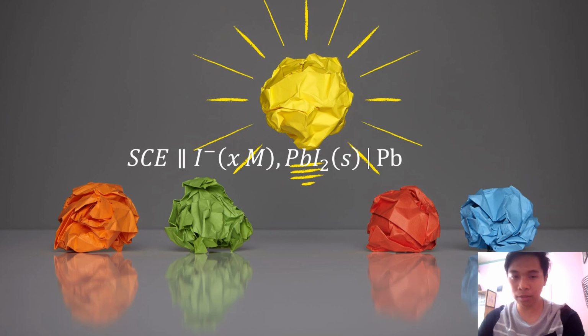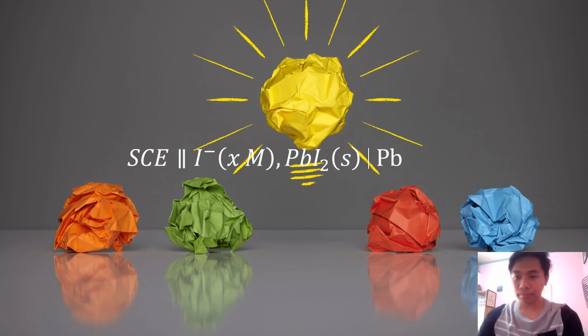As mentioned in the previous problem, this will represent calomel, the reference, and this will be the lead indicator, and this will be the saturated concentration of the process. By following that formula, we arrive at this shorthand notation.